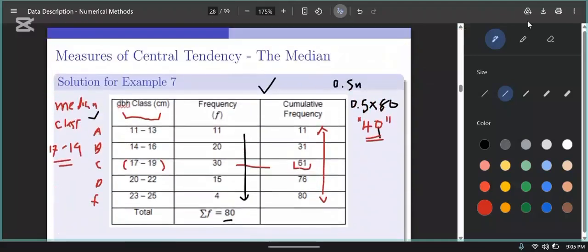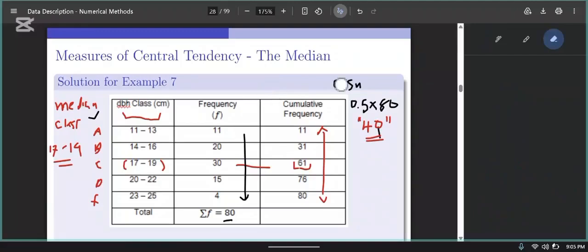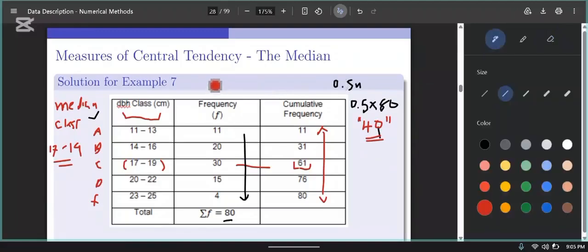Since our median class is 17 to 19, the lower class boundary, which is L, we get it from the lower value of the class, which is 17.